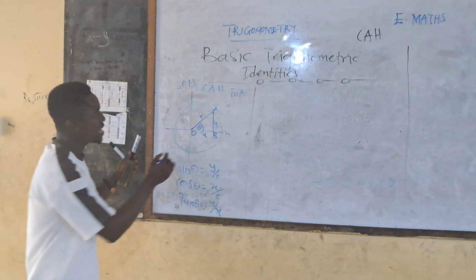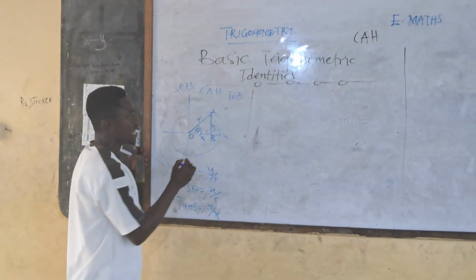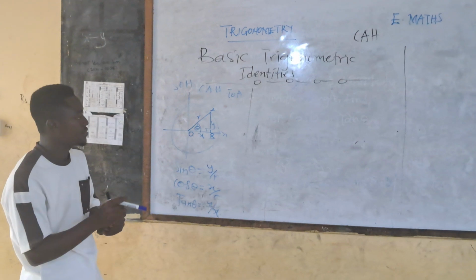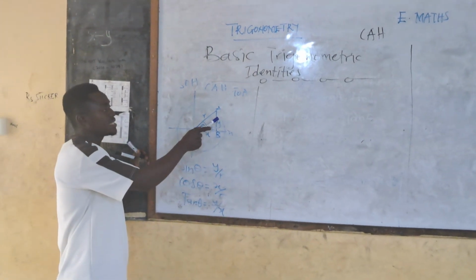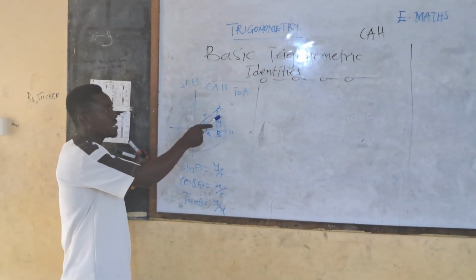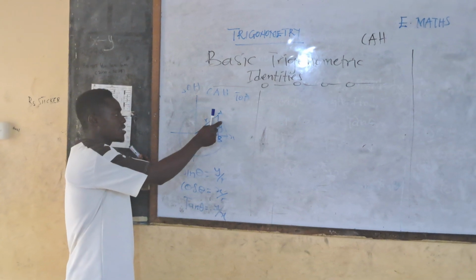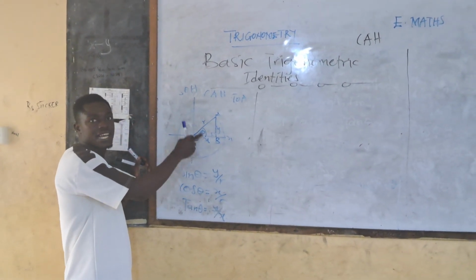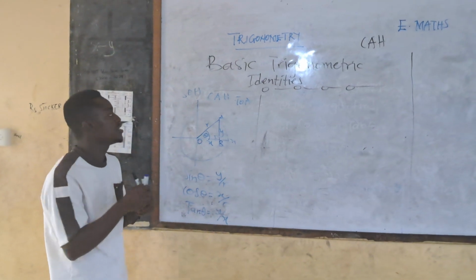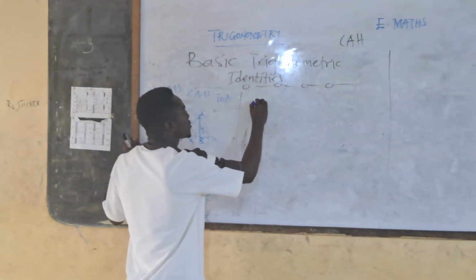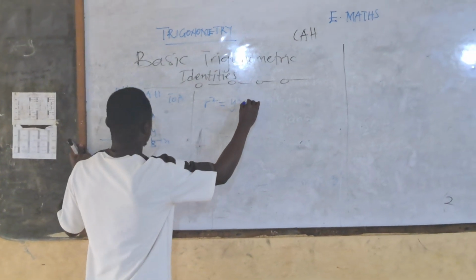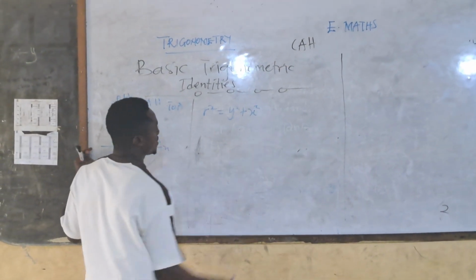Now with this same idea, because we have a right angle triangle, let's apply the law of Pythagoras, which says that the square of the opposite side plus the square of the adjacent gives us what? The square of the hypotenuse, which is r squared equals y squared plus x squared.